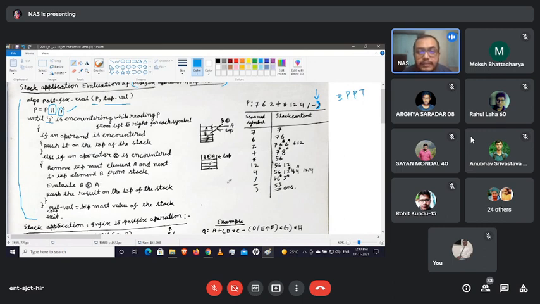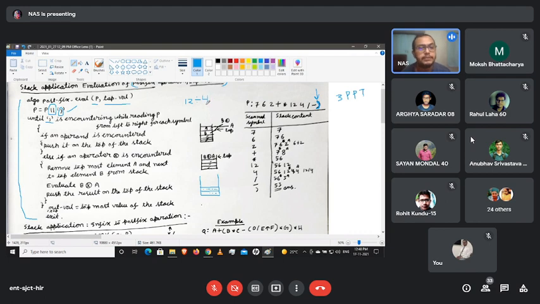So look at this example. I am drawing it again. Consider this as our stack, and this is another stack where data is here. The expression given is 12 divided by 4.